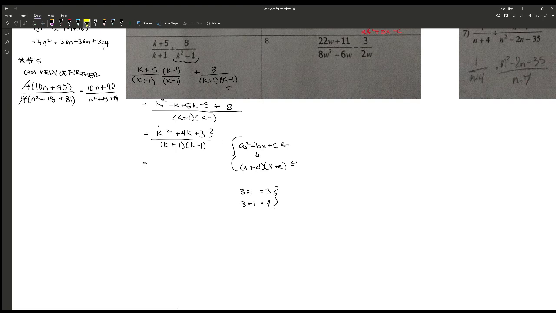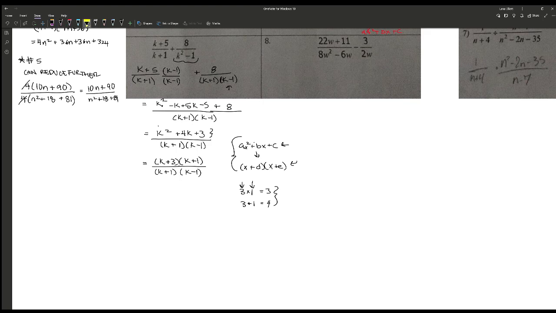As you can see, we have 3 and 3 and 4 and 4. So those are going to be, I believe, called factors. So 3 is going to be one of them and 1 is going to be another. So we're going to have k plus 3 and k plus 1. Do you see anything here where the top is equal to the bottom?